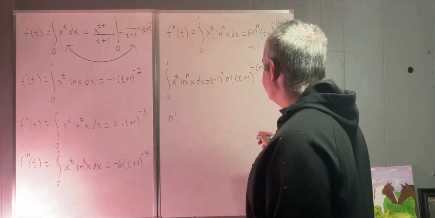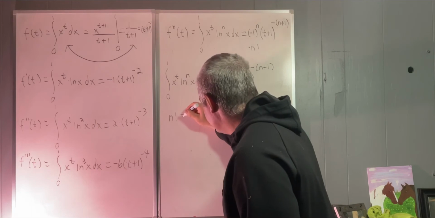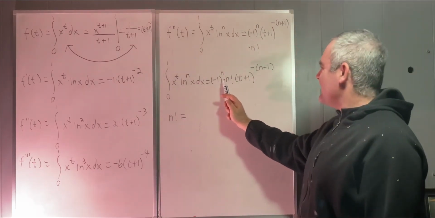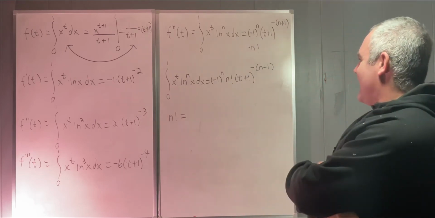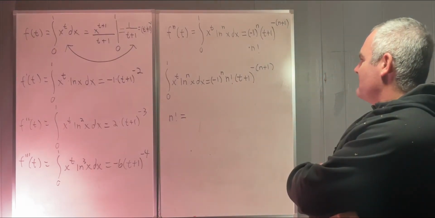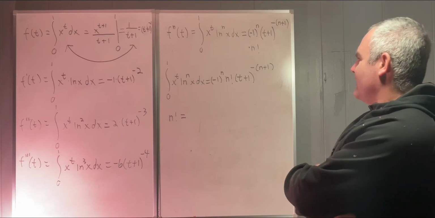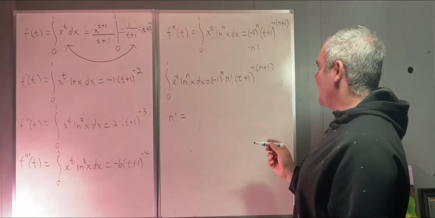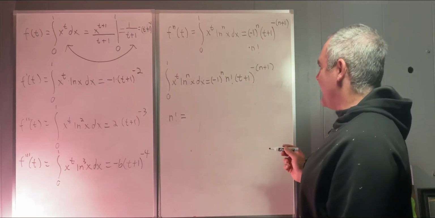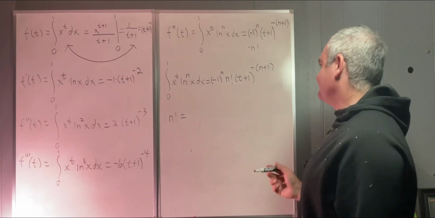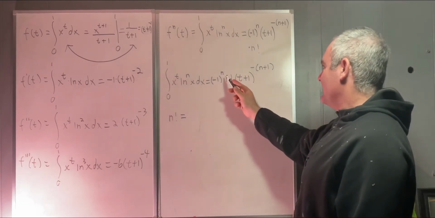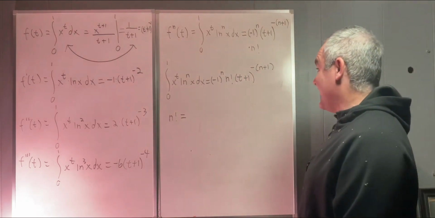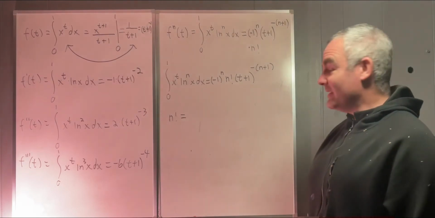All right. Well, that's going to be equal to, let's see, what do we want to write first? Well, if we divide both sides by -1 to the n, we're still going to get -1 to the n on the other side. Because -1 to the negative n is either going to be equal to -1 or 1, and if you take its reciprocal, it's going to be the same thing.